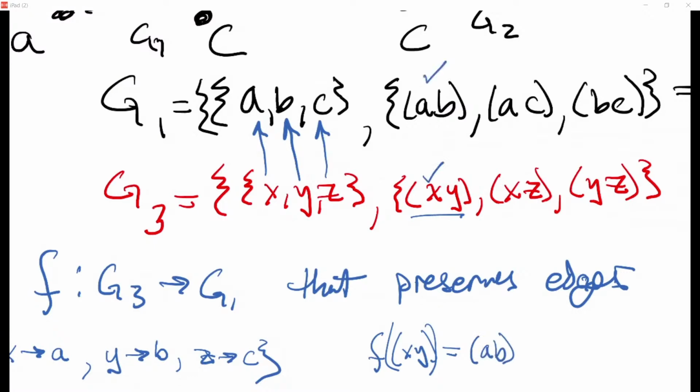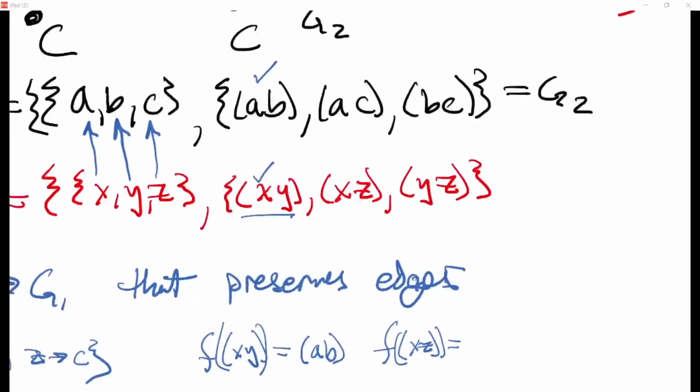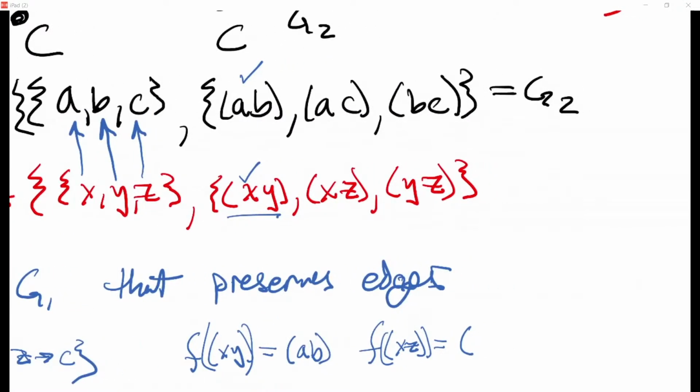So that one's good. What about F of XZ? I know this seems super babyish, doesn't it? I'll get a more complicated one in a minute, don't worry. For F of XZ, X maps to A, Z maps to C, and so that's this one. Sure enough, those work out.